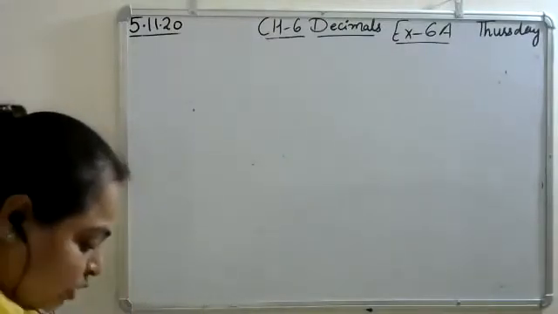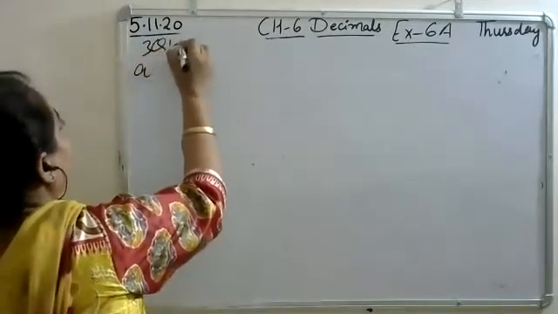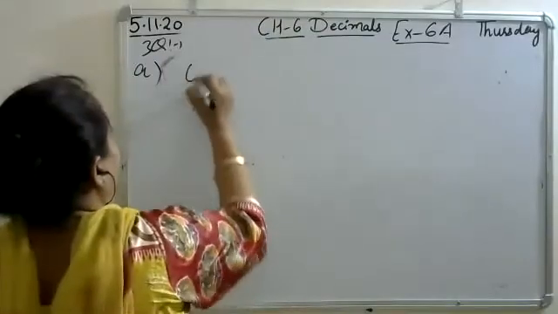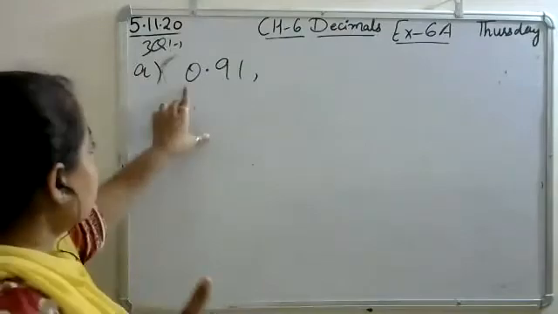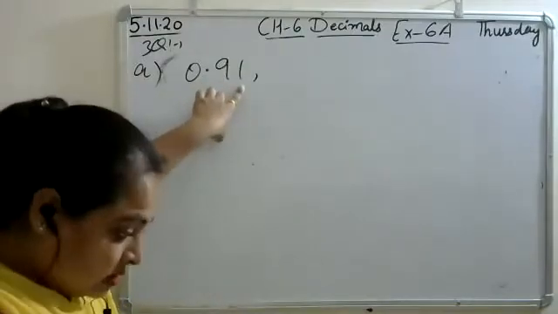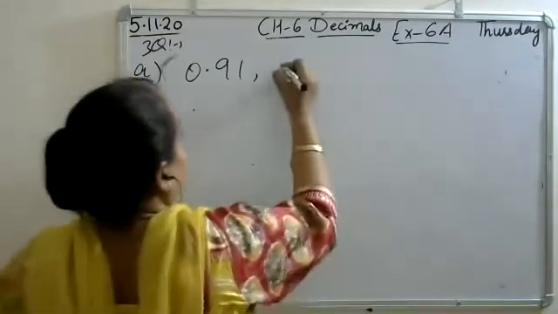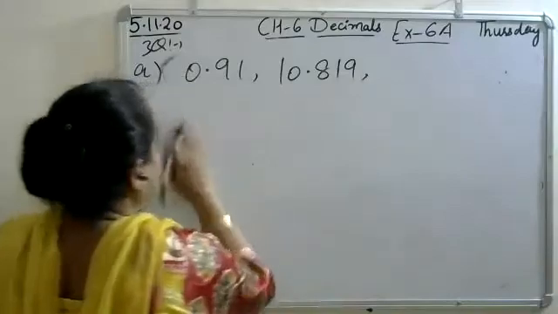Convert the following into like decimals. A part is 0.91, not 91. 0.91. Then 10.819.